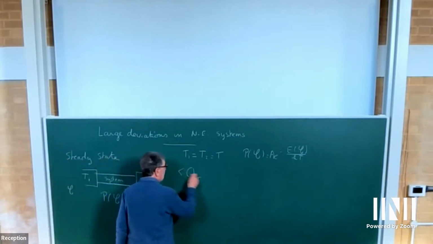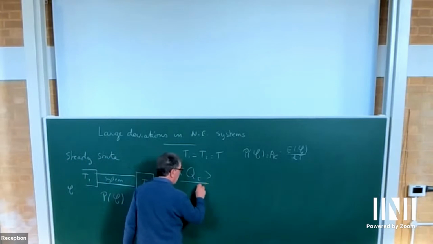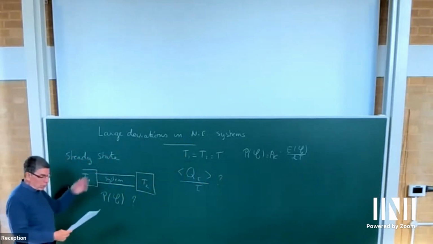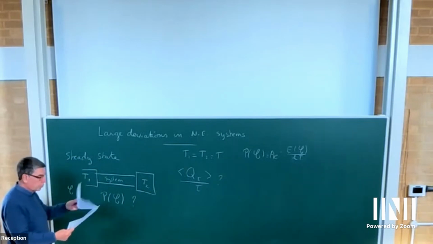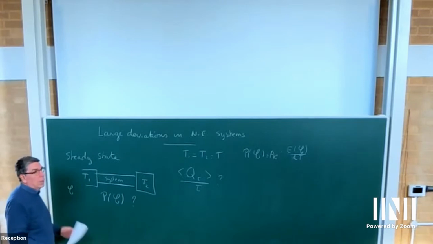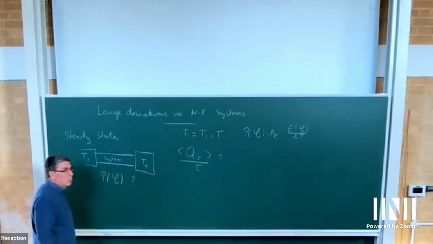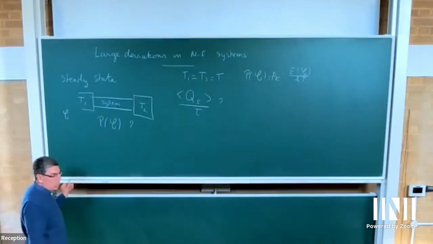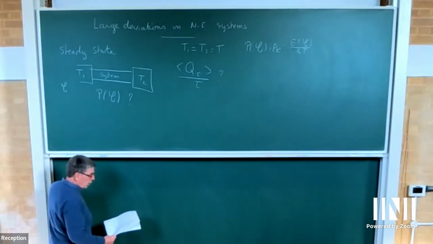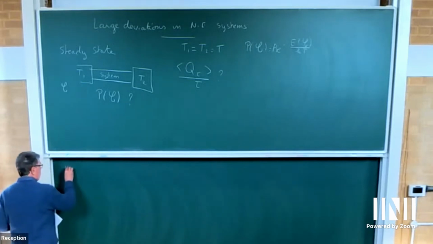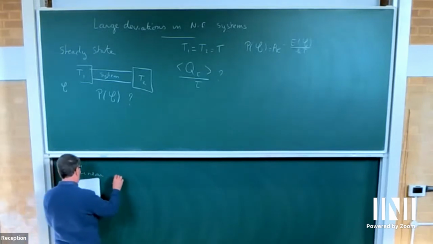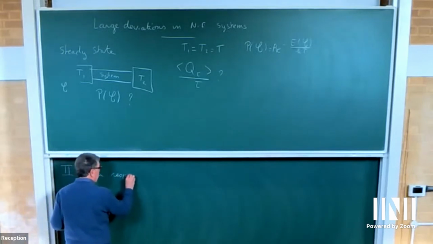You might be interested in, because the system is fluctuating, what is the average flux of energy through the system during time. Now, this flux of energy, in fact, you can say something when the system is close to equilibrium. And so this is called linear response theory, and I will tell you what it says, and it's very simple.